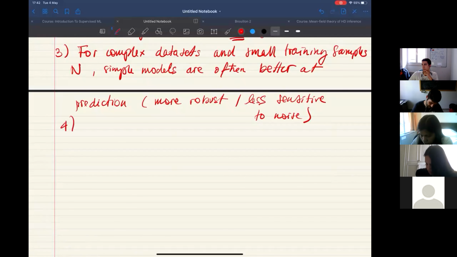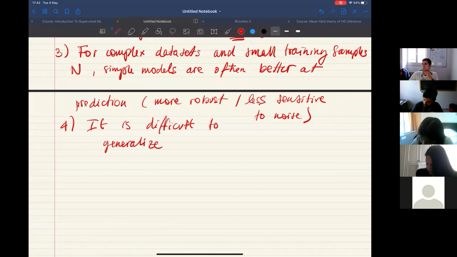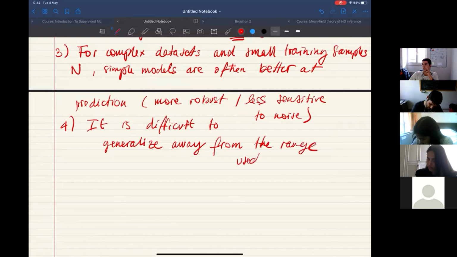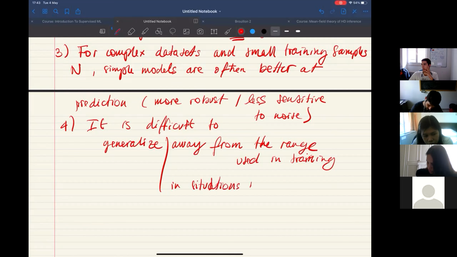And finally, it is difficult to generalize away from the range used in training, or said differently, in situations not encountered during training.